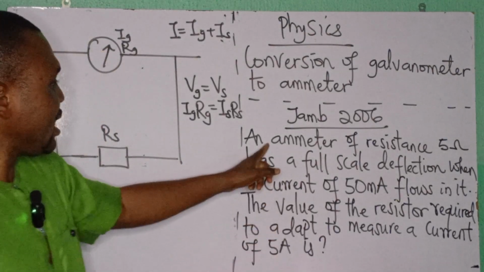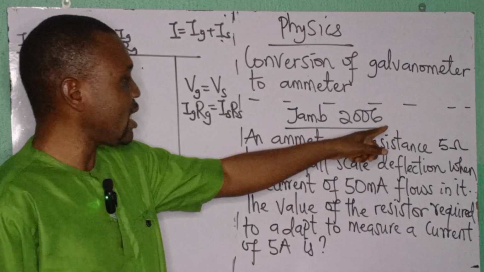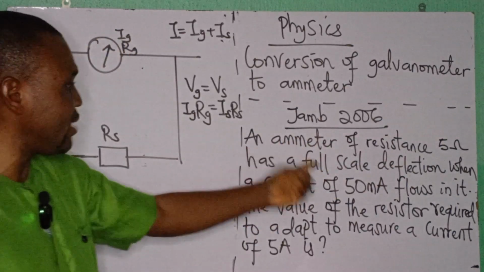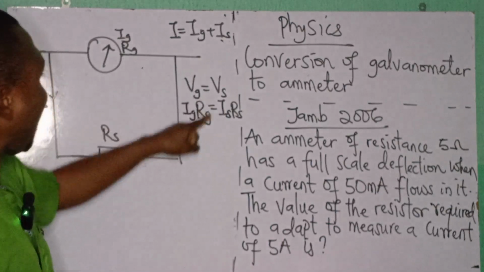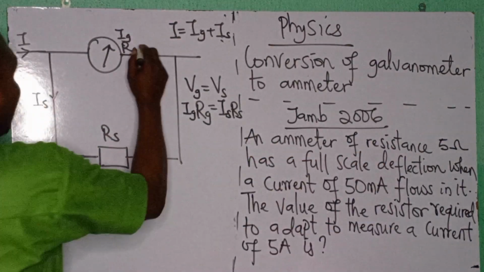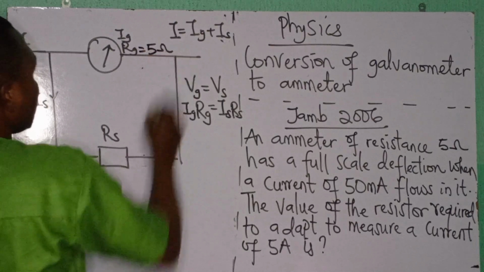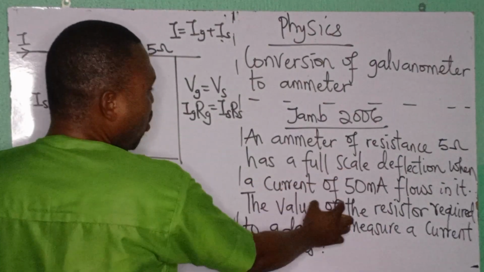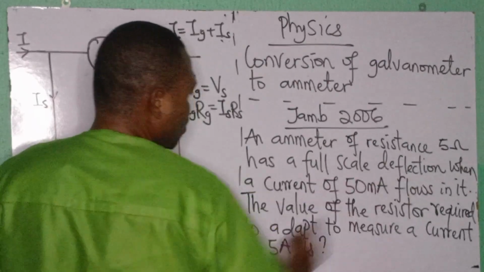Now, an ammeter of resistance 5 ohm. We are using the word galvanometer here, so my RG equals 5 ohm. It has a full-scale deflection when a current of 50 milliampere flows through it.